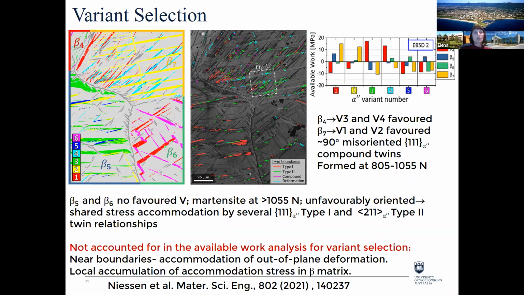Again, this is not accounted for in the prediction because we are considering the initial state of the beta matrix without phase transformation already taking place. So we could say that we could use the approach of available work, or formation of variants with the maximum transformation strain, only for initial stages at lower loads, and this approach will not be applicable at later stages of the deformation.